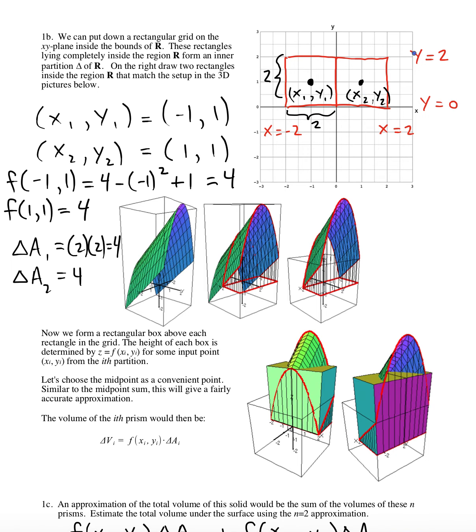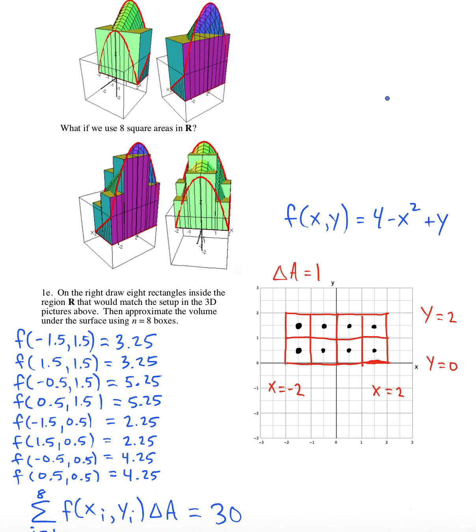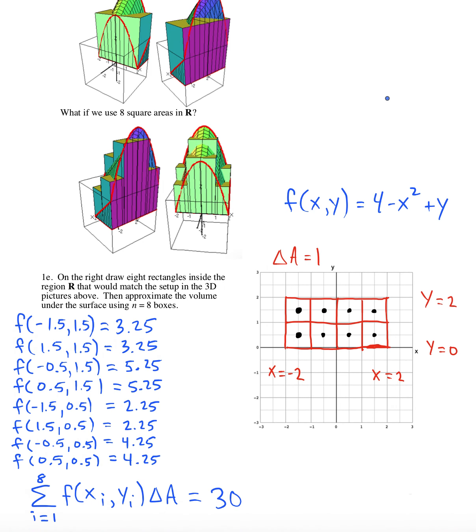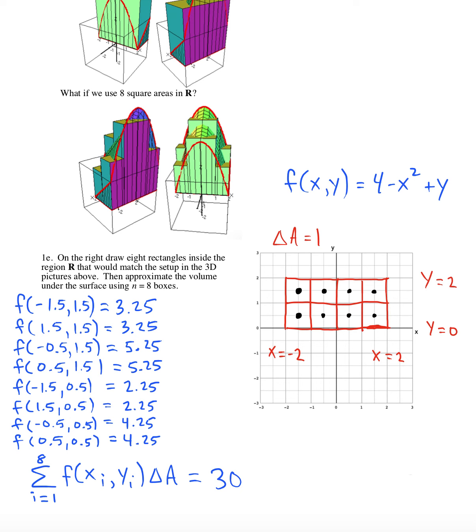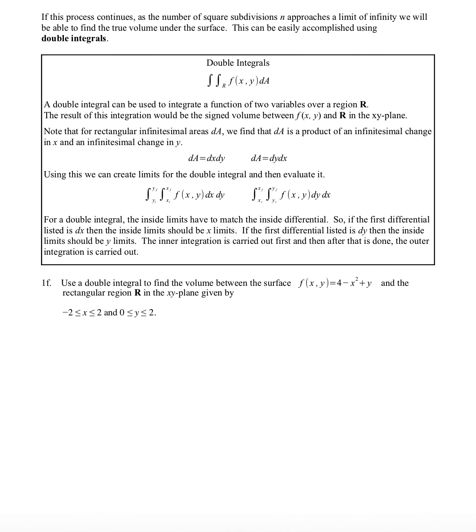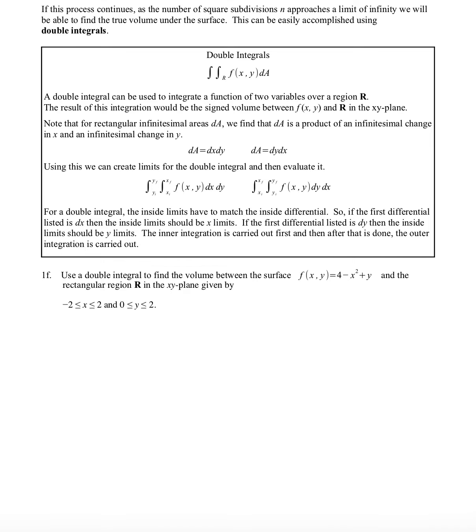I didn't go beyond the -2 to 2 and 0 to 2 bounds. And same thing here. But we need more rectangles. We need an infinite number of rectangles. And we can achieve this with a double integral.